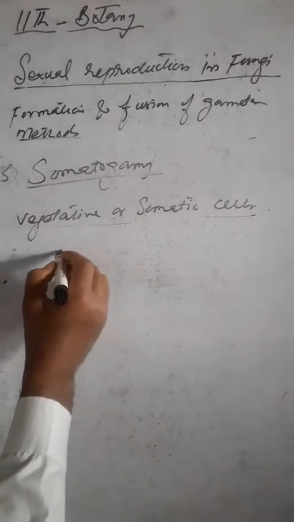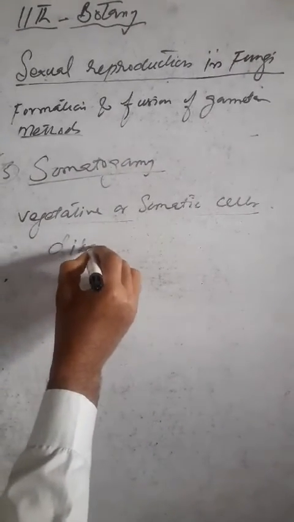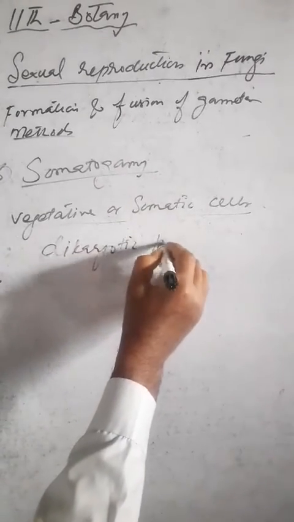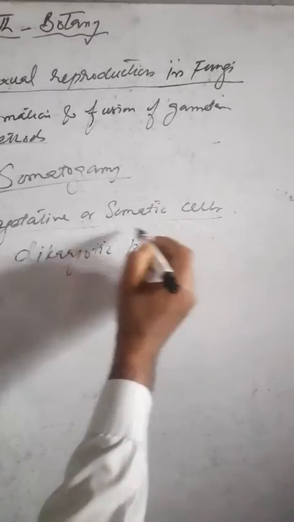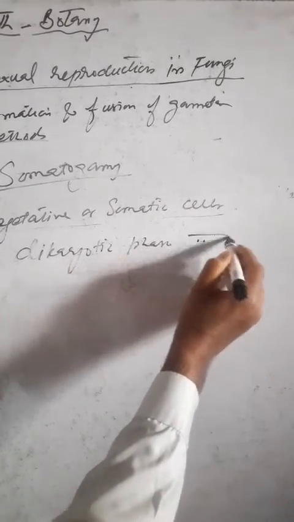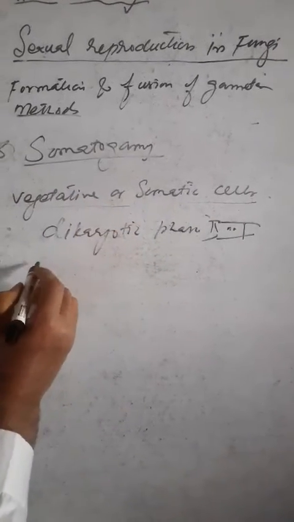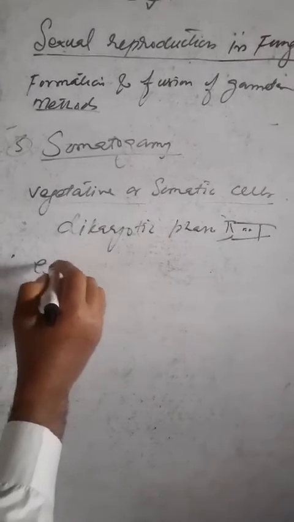They first attain the dikaryotic phase, wherein the two nuclei remain adjacent to each other, and later on they fuse, and the further process takes place. This is somatogamy. It takes place, for example, in Puccinia and Agaricus.